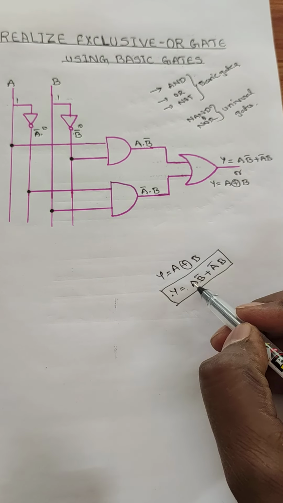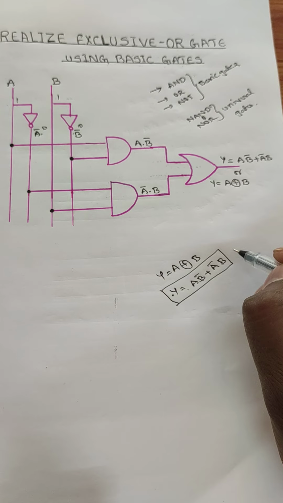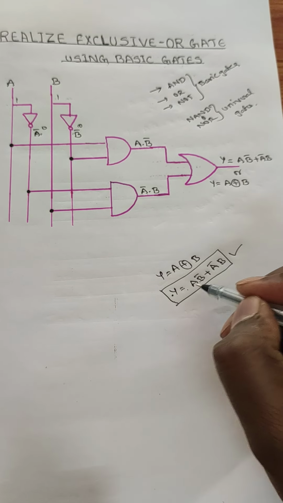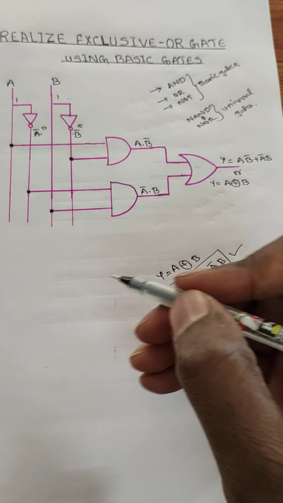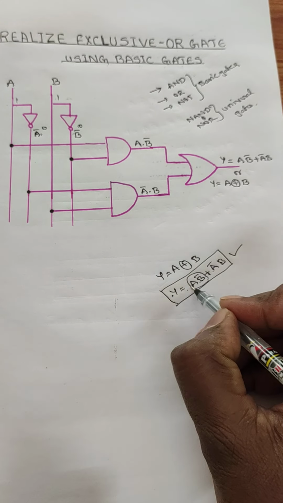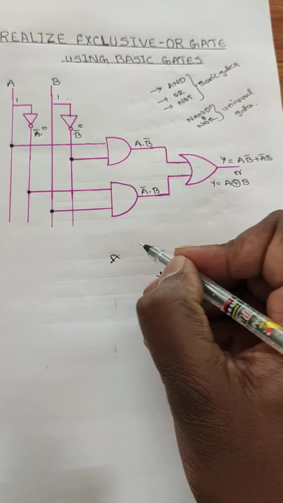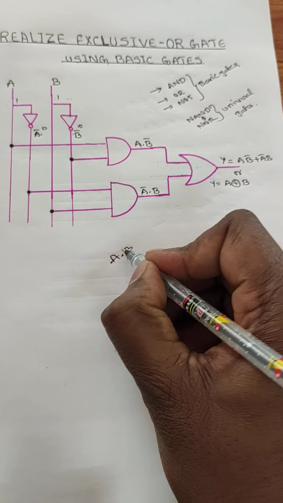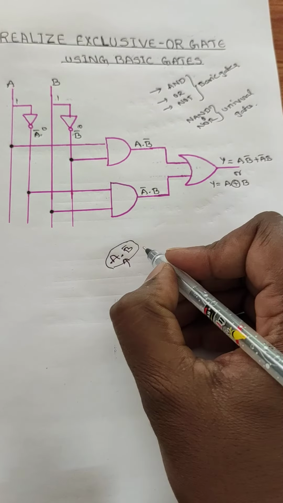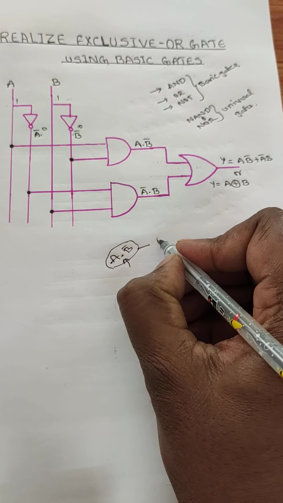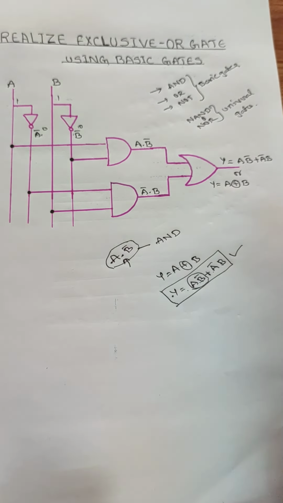As we know, the expression of the exclusive OR gate is A B bar plus A bar B. So we will take the first one, A B bar. A dot B bar: the dot operation means we will use an AND gate.